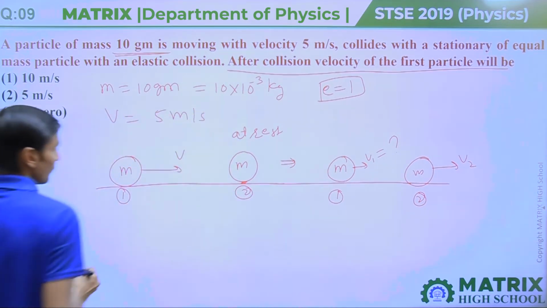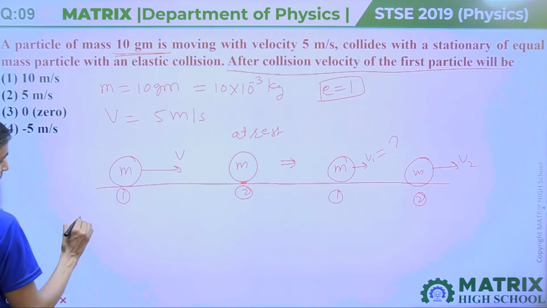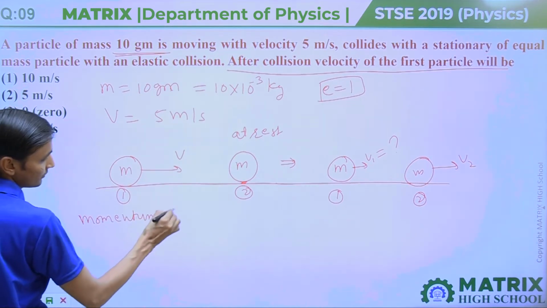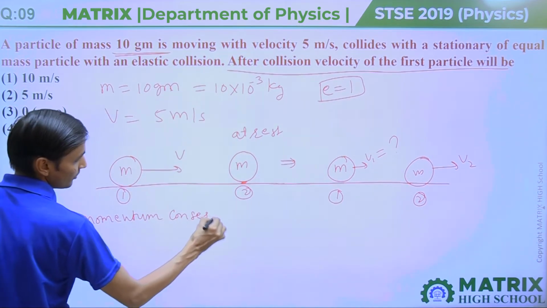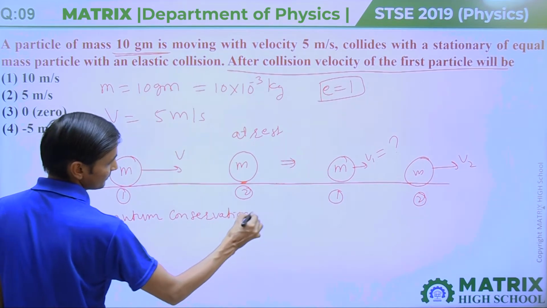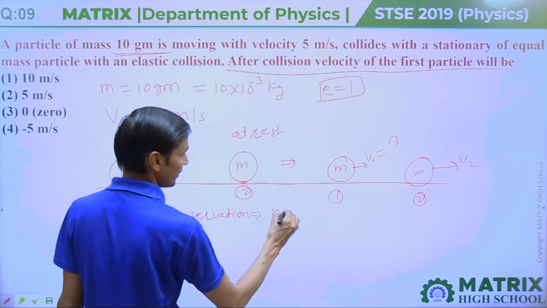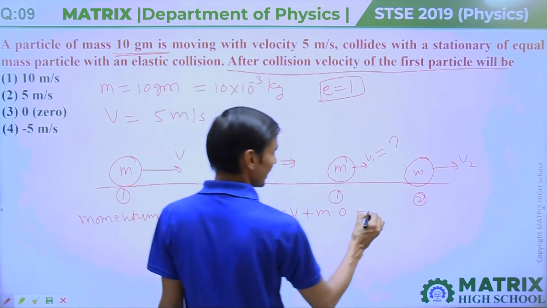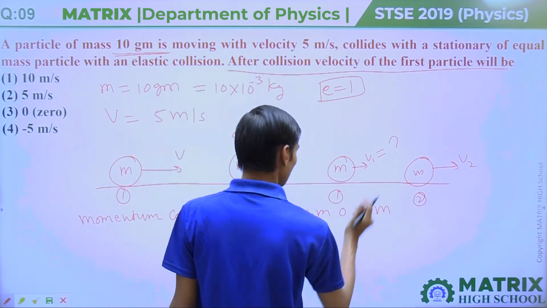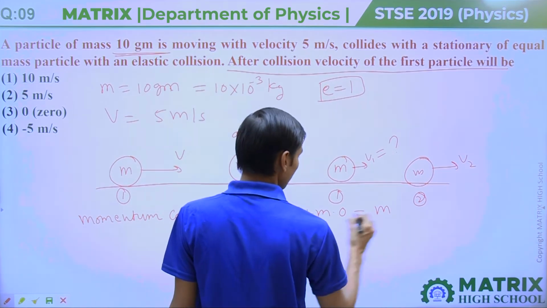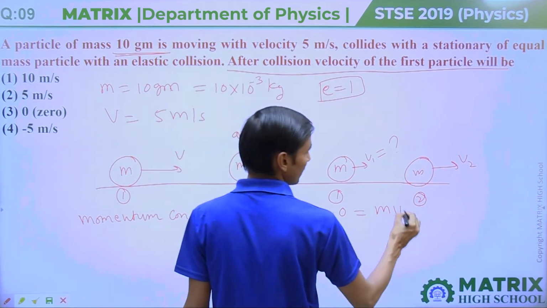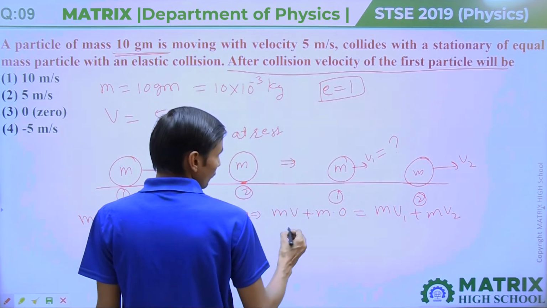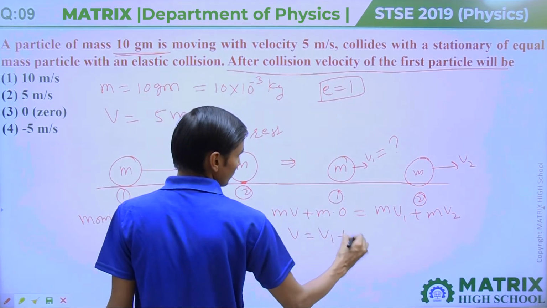For this, we first use momentum conservation: initial momentum equals final momentum, so m into v plus m into 0, because it is at rest, equals m into V1 plus m into V2. So v equals V1 plus V2.